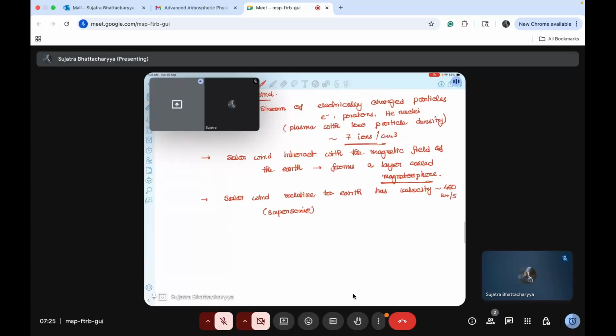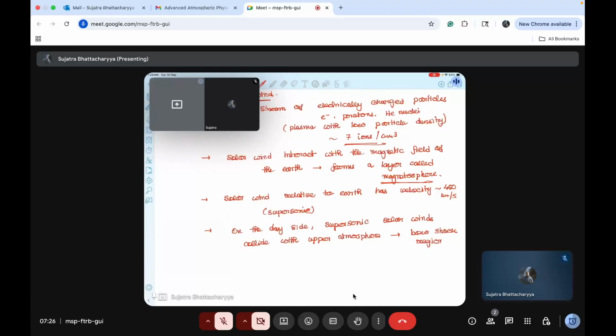Okay, so what it does is that on the day side, meaning the part of the Earth which is facing the sun, these supersonic solar winds collide with the upper atmosphere. Okay, so this gives you a region of bow shock.